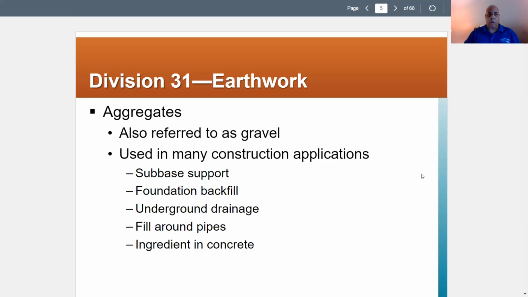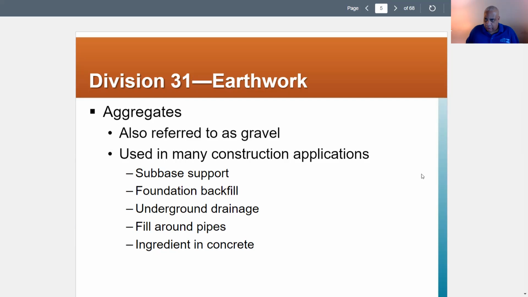Now, under earthwork, you have your aggregates, also referred to as gravel, used in many construction applications. And the good thing about gravel, it's good for sub-base support, foundation backfill. You can utilize it for underground drainage, and it's a fantastic material, depending on what type of aggregate you're using.